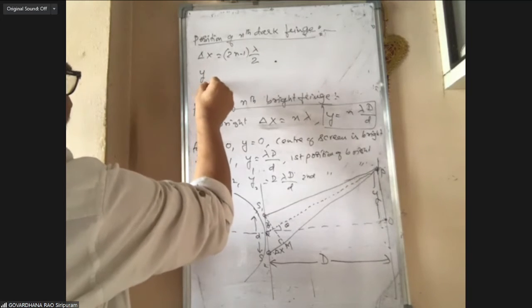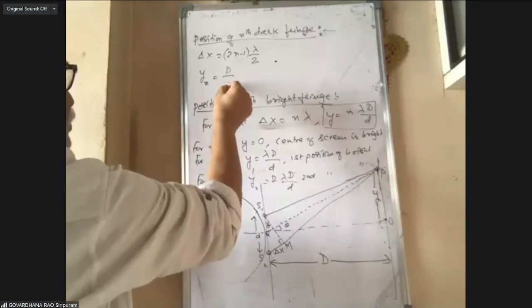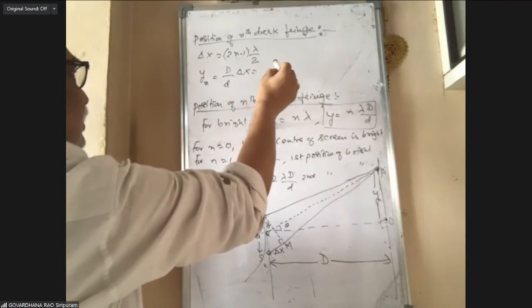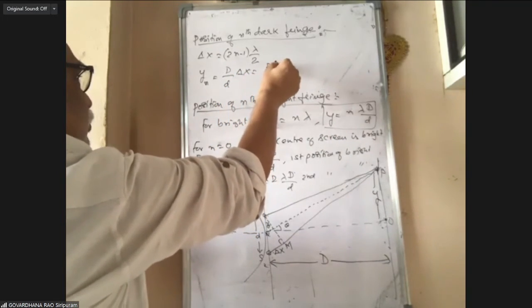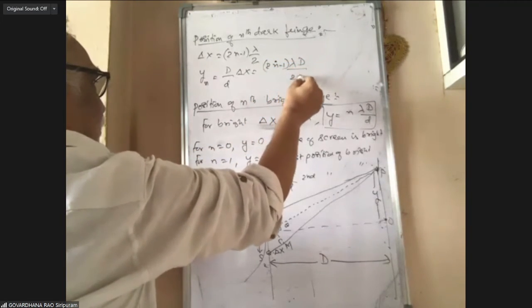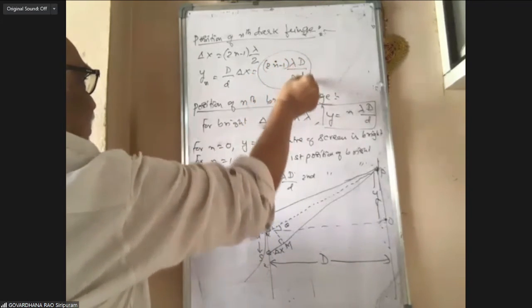So what is yn? Yn is capital D by small d into delta x. Put it here: yn equals (2n minus 1) lambda capital D by 2d. This is the position of the nth dark fringe.